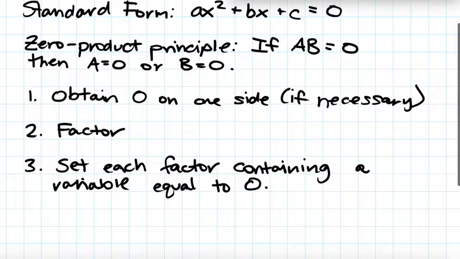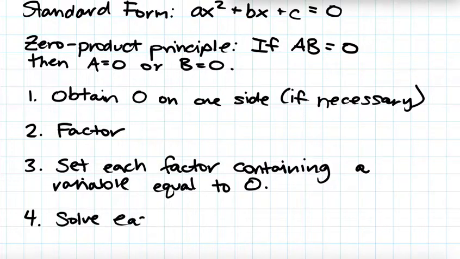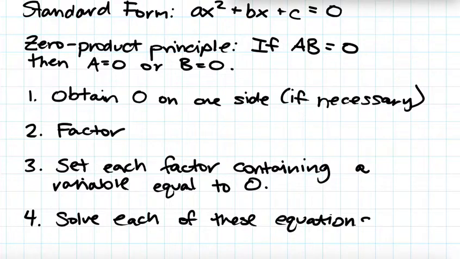And then step 4 is to solve each of the equations from step 3. So with these problems, oftentimes we're going to have multiple answers because you're going to get more than one factor, and each factor is going to result in a different answer.